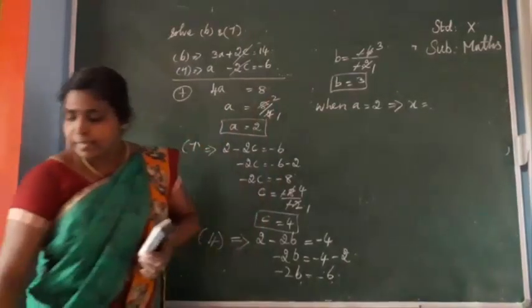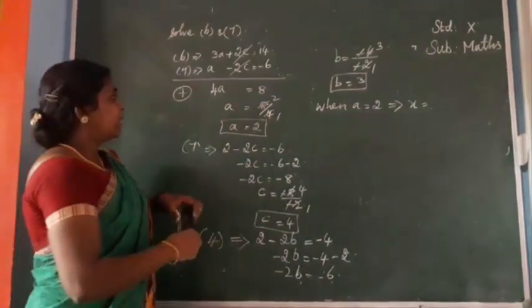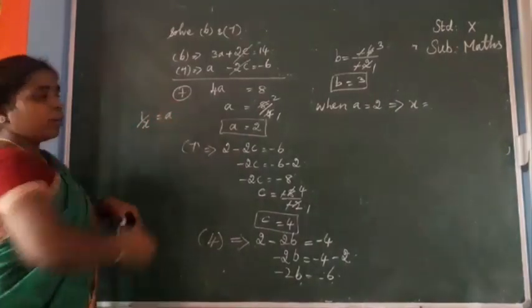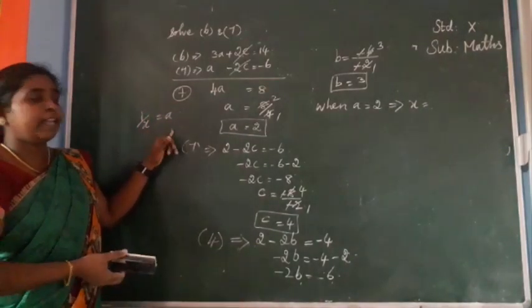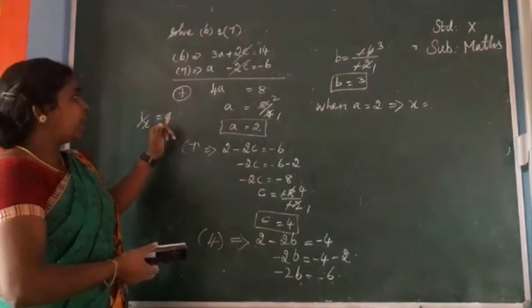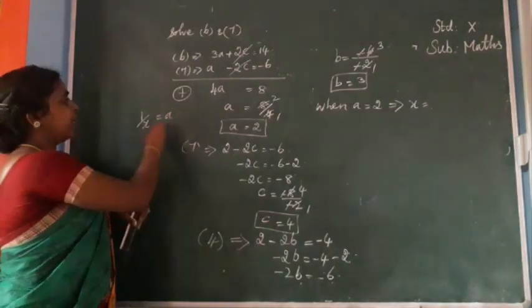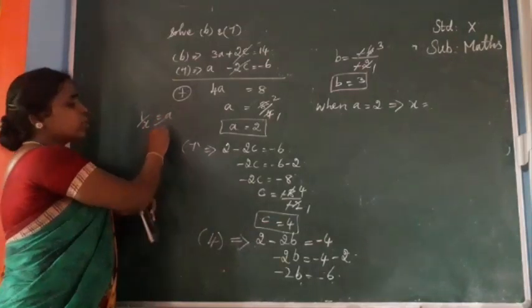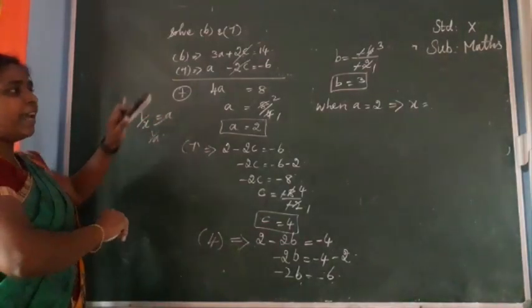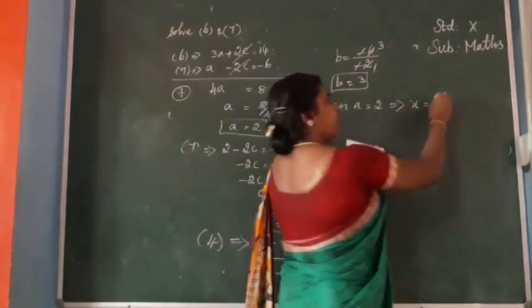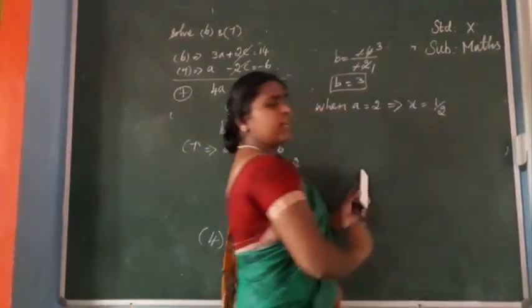No need for extra steps, we can write directly because we have taken 1 by x equal to A. So x is the reciprocal of A. You can write directly: reciprocal of 2 is 1 by 2.